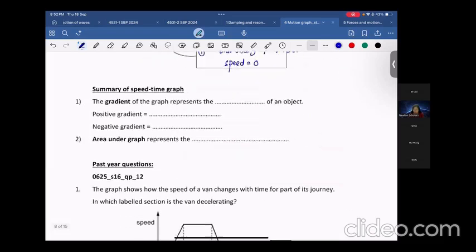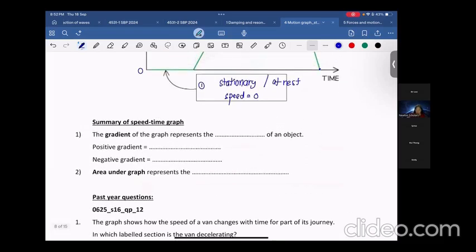Okay, here. Gradient of what graph? Can you help me to add more detail? VT graph, speed time graph. Because we got 2 graphs, although here I already wrote speed time graph, we have to be careful what graph we are using right now. Gradient represents acceleration. Positive gradient, for example, acceleration is a positive value. Negative gradient means this acceleration is a negative value, 4 meter per second square. So what does it mean?